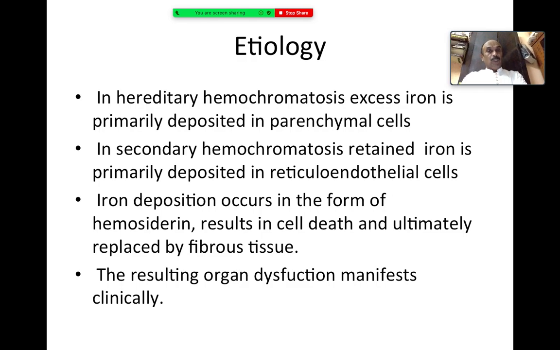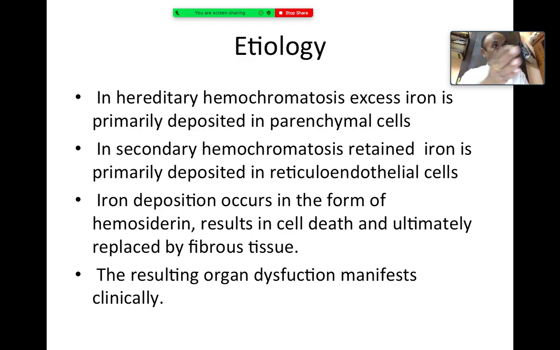In hereditary hemochromatosis, excess iron, which is absorbed excessively from the intestinal epithelial cells, is deposited in the parenchymal cells like liver, heart, etc. Whereas in secondary hemochromatosis, retained iron is primarily deposited in the reticuloendothelial cells. Okay, iron deposition occurs in the form of hemosiderin.